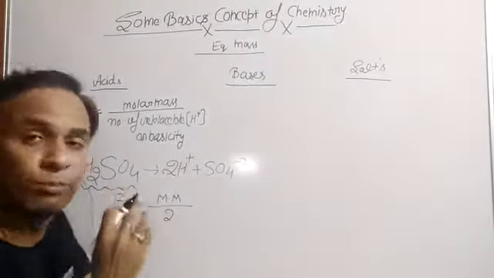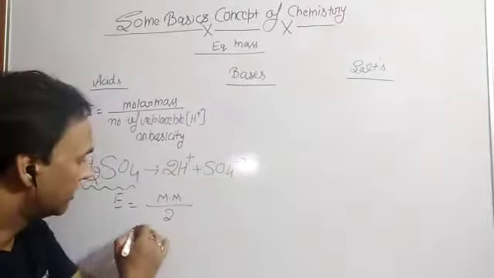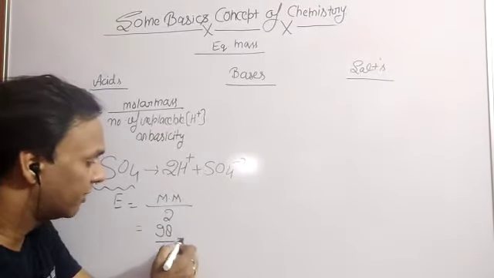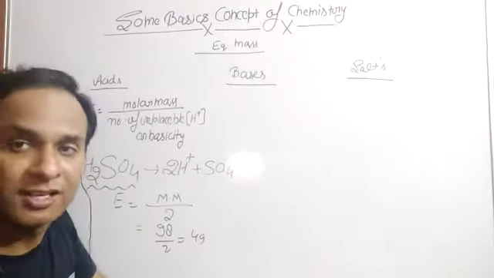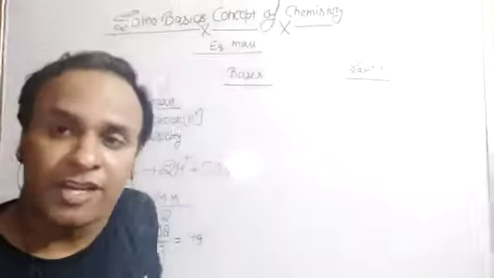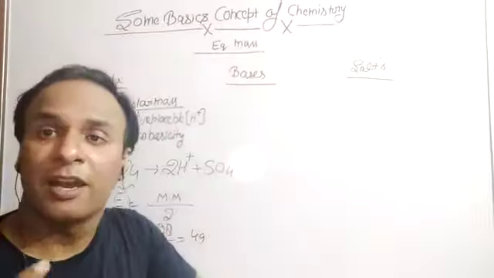The molar mass of H2SO4 is 98, divided by 2, it is 49. This is the equivalent mass of the acid, meaning the equivalent mass of an acid depends on the number of replaceable hydrogen.